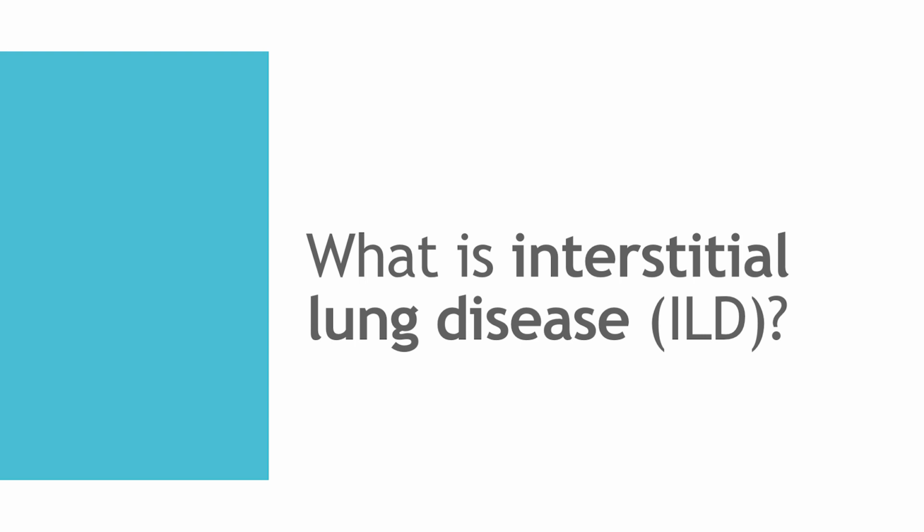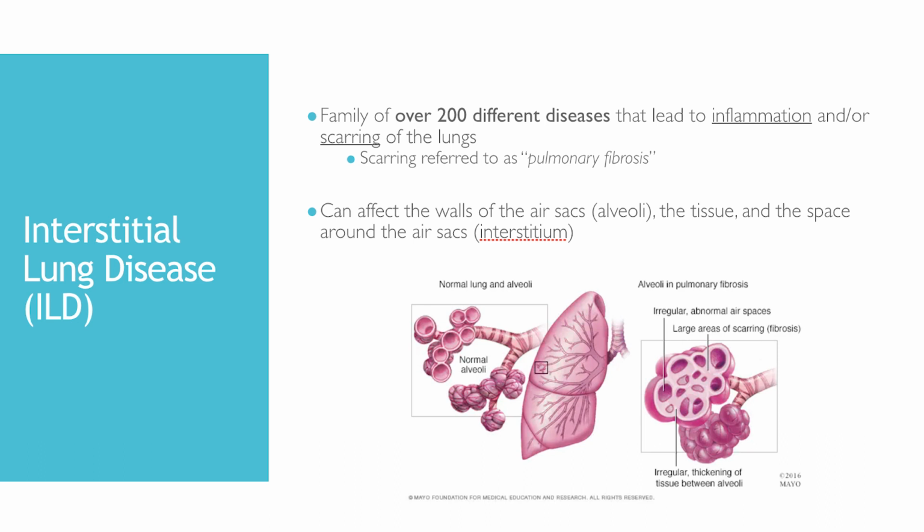So starting with what is interstitial lung disease, it's really an umbrella term, and it encompasses a lot of different diseases, in fact over 200 different diseases that lead to inflammation or scarring of the lungs, and sometimes both. That term scarring can be used in a lot of different ways. You might hear scarring, you might hear pulmonary fibrosis, and you might hear ILD.